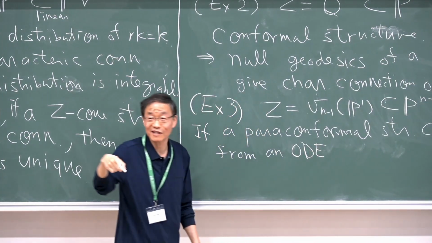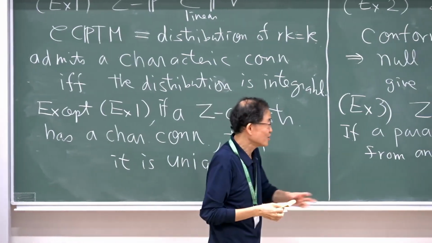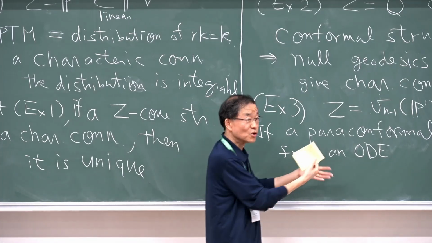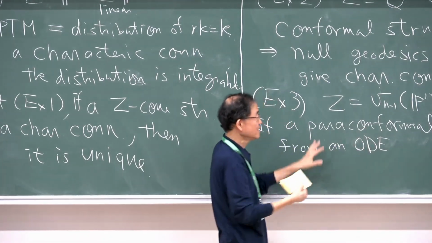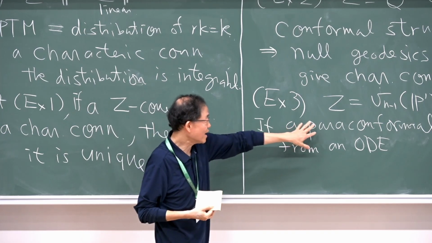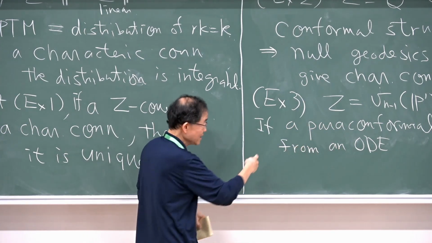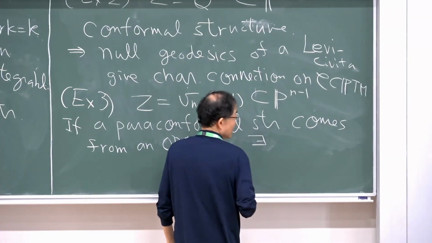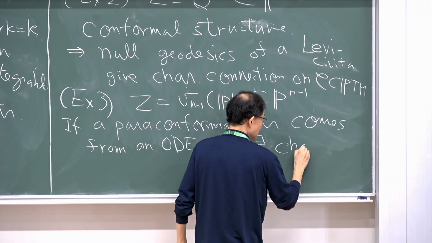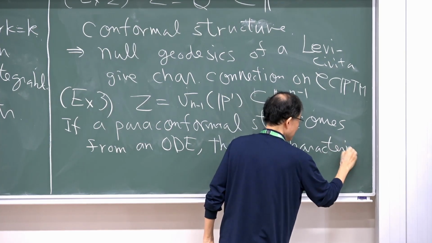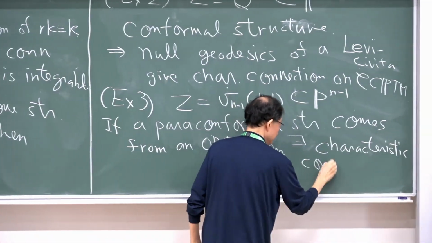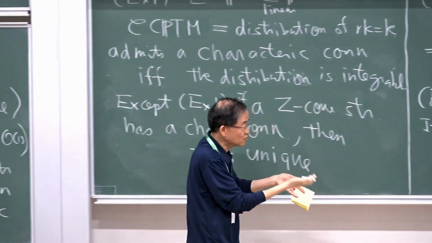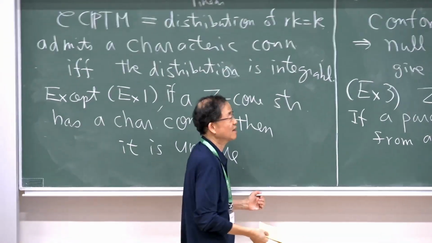This is what Mathiez actually studied: certain ODEs satisfying some vanishing of some invariants define a paraconformal structure. And if it comes from an ODE, then there's a characteristic connection. So in many natural geometric settings, you have natural characteristic connections.